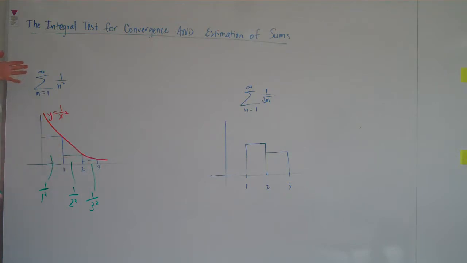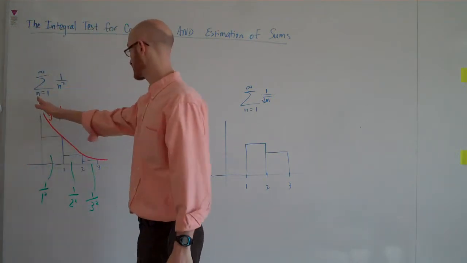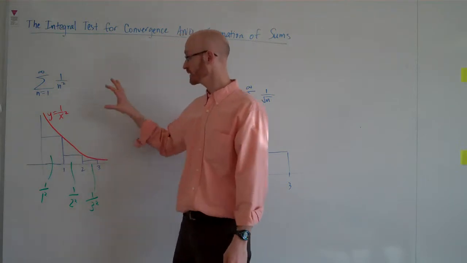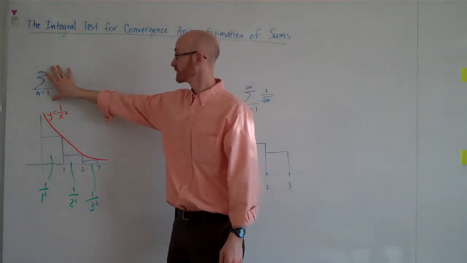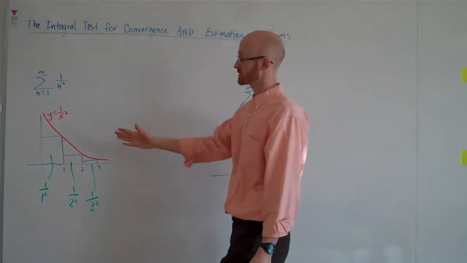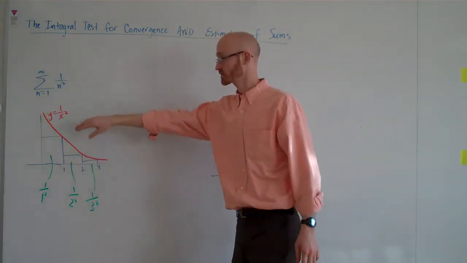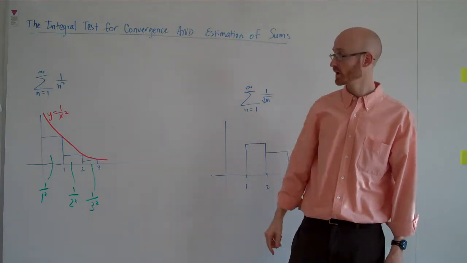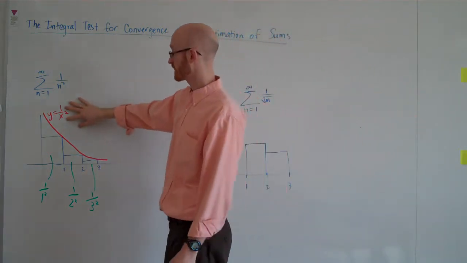So what we're going to do is say, I know that this red line, y equals 1 over x squared, clearly exceeds this sum. If that's the case, then what if I just found the area under the function y equals 1 over x squared? Hopefully you immediately thought integrals. So we're going to integrate this function.